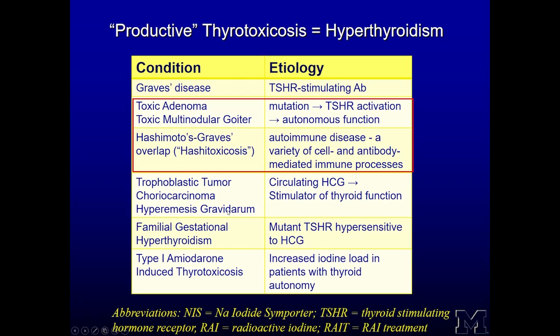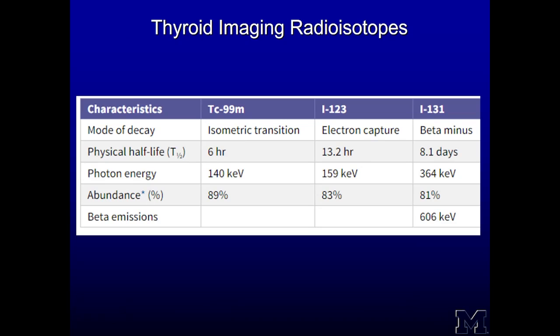Even less common are familial gestational hyperthyroidism, with a TSH receptor which is hypersensitive to the action of human chorionic gonadotropin, and also type 1 amiodarone-induced thyrotoxicosis, which is due to the increased iodine load in a patient with a background of multinodular goiter, leading to thyroid hormone overproduction and thyroid autonomy.